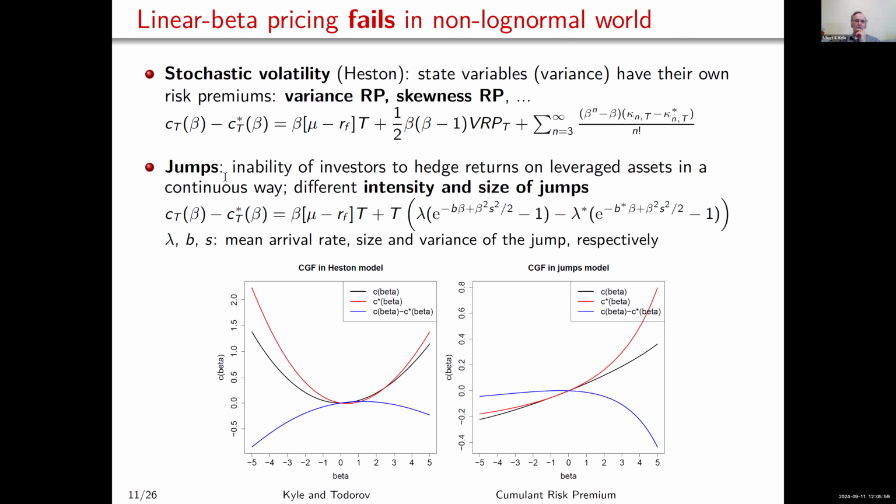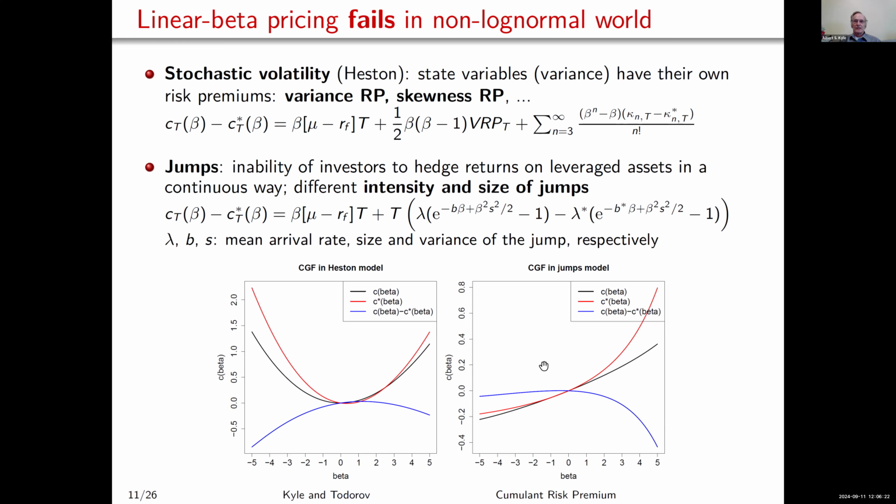Similarly, you can have a model with jumps. And if you have a model with jumps, it's fairly easy to write down what the cumulant generating function is, because that's kind of tractable. With the jump model, you've got the arrival rate of the jumps, the size of the jumps, and the variance of the jumps, so it can become kind of complicated.